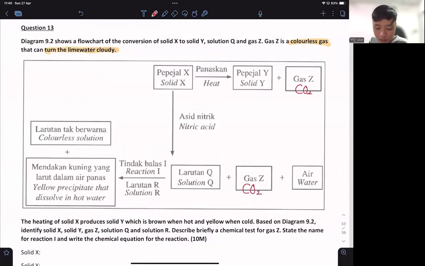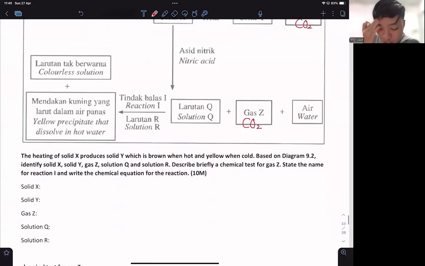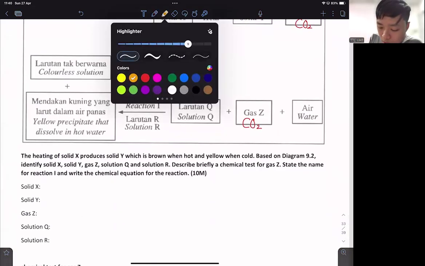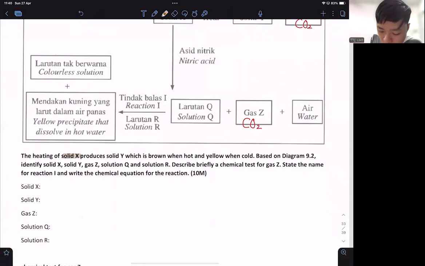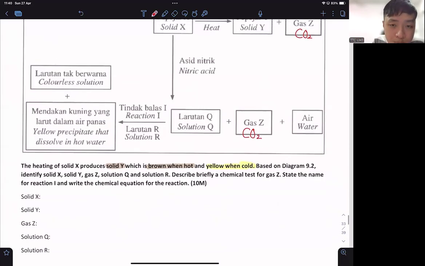Then they say heating of solid X produces solid Y. Solid Y is brown when hot, yellow when cold. So may I know what is solid Y?